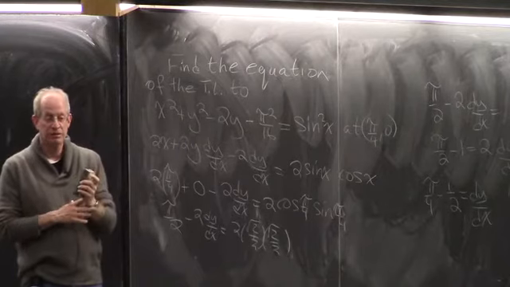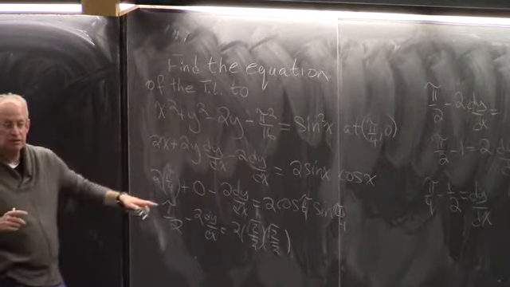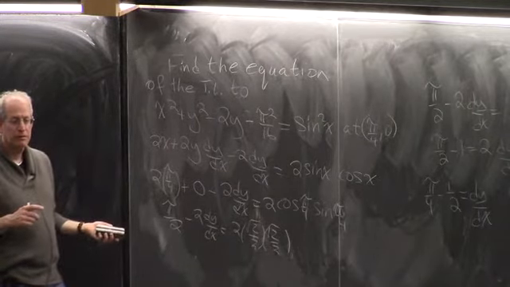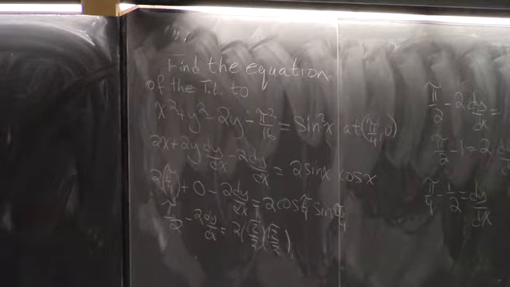It's 2y dy dx. Right? The derivative of y cubed is 3y squared dy dx. Okay? Go with the dy dx term in there.